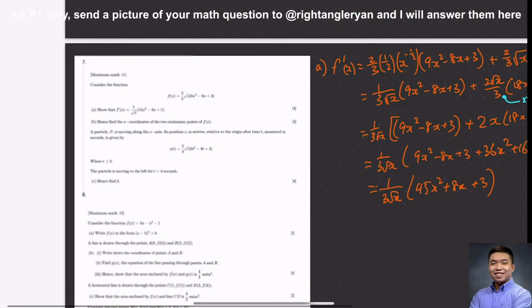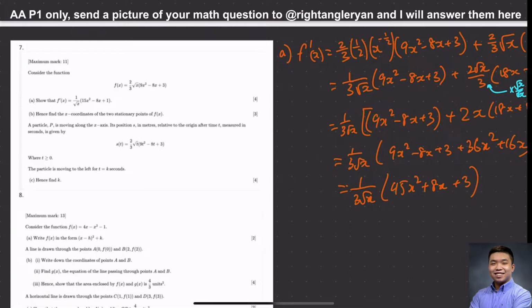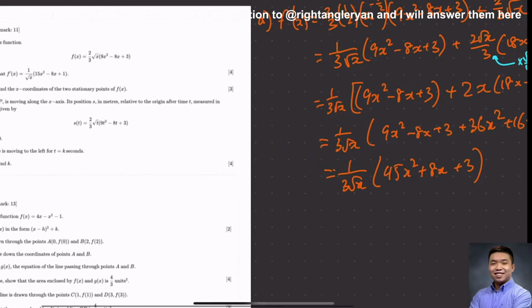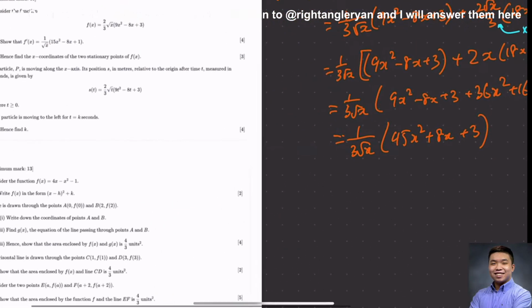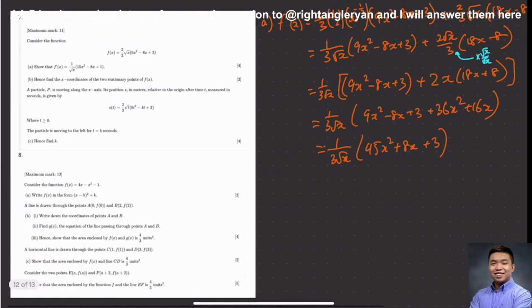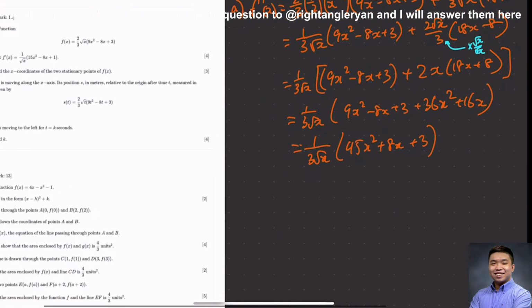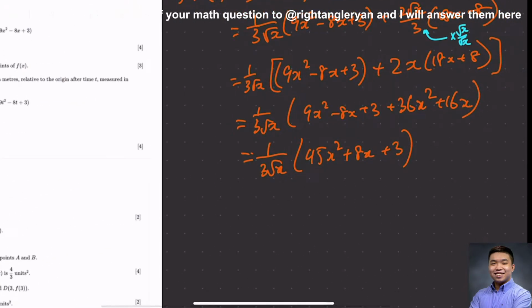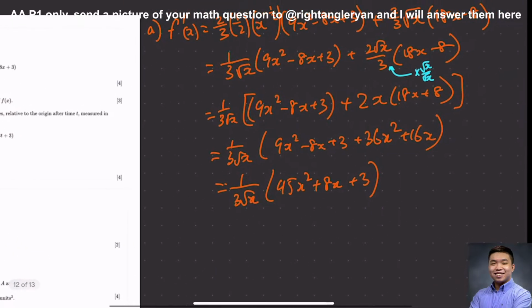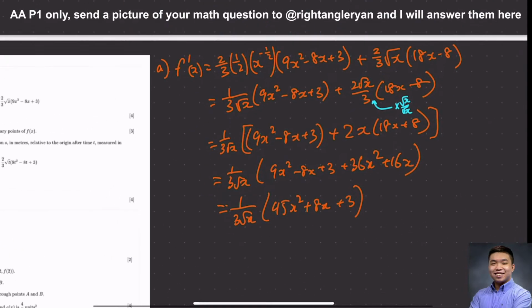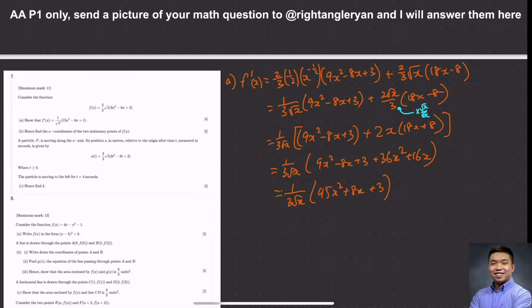Is that the solution? 45. Oh, I need to take out 3, 8, and then plus 1. Minus 8? What did I do wrong? Plus 8 minus 8. I must have done something wrong, right? 18. Okay, what did I do wrong?